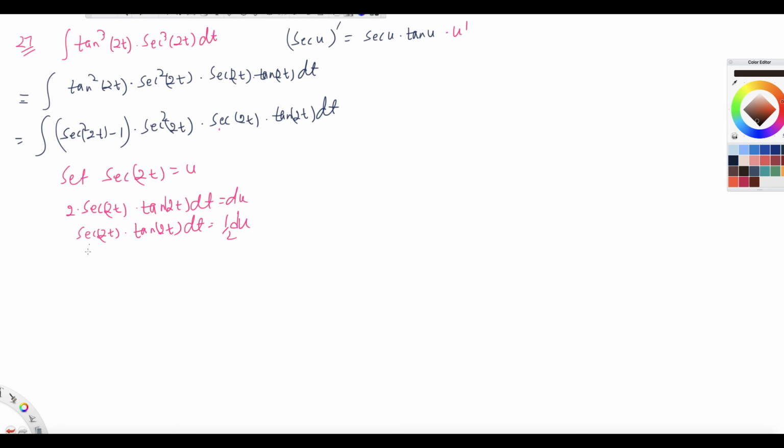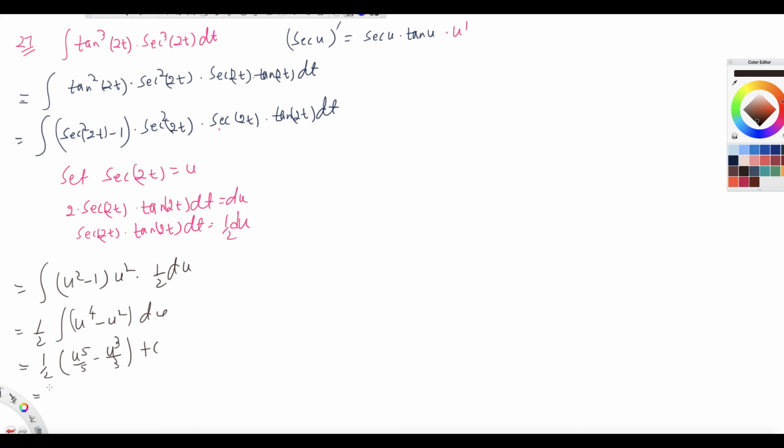Hence you can write the integral as u squared minus 1 and u squared times 1/2 du. See, the problem reduced to a very easy problem here. So I want to write 1/2 integral of u to the 4th minus u squared, distributing to both of those, and then du. What is the integral there? 1/2 times u to the 5 over 5 minus u to the 3 over 3 plus c.